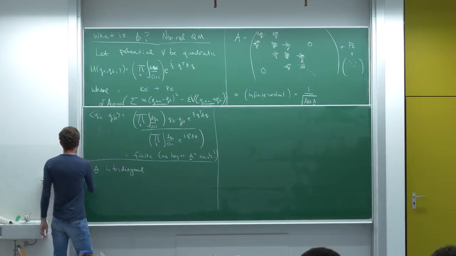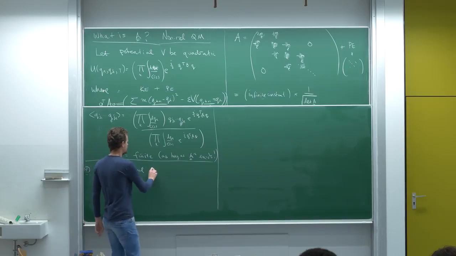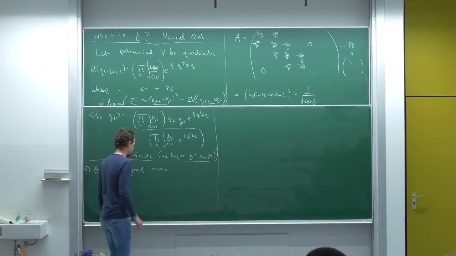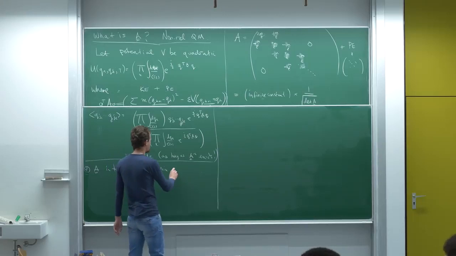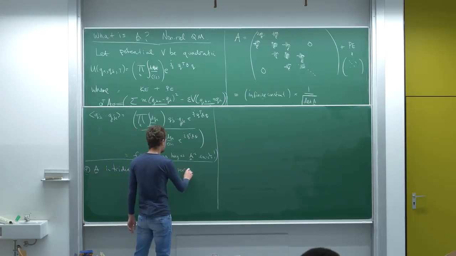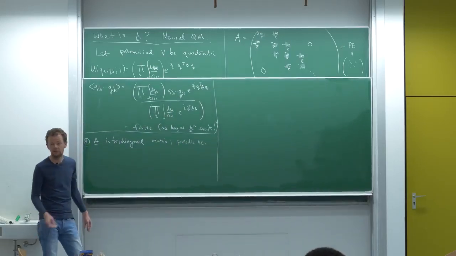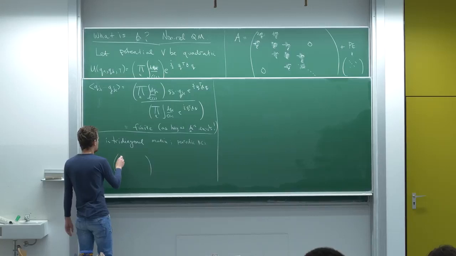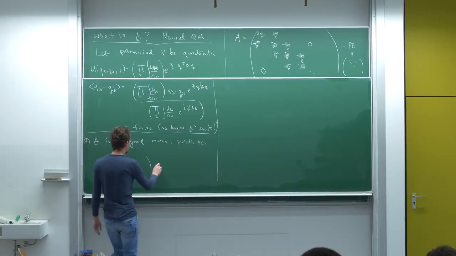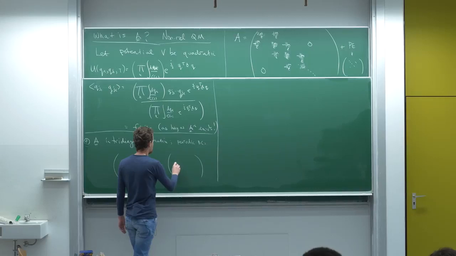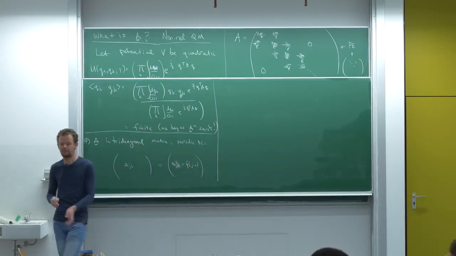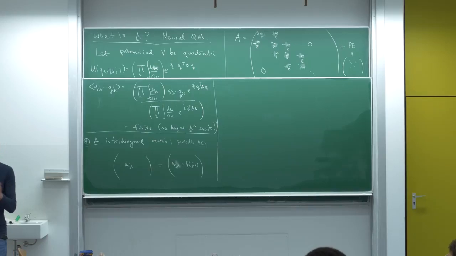So observation 1 is that A is a tridiagonal matrix. And if we give periodic boundary conditions, then this tridiagonal matrix has a very particular form. Namely, the ajkth entry is really some function of j minus k, the difference between j and k.